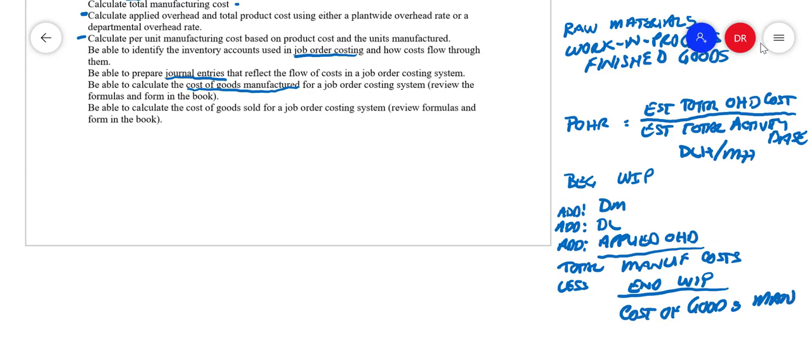Be able to know what goes into that. Other things that are going to be important. Remember when we started, I said, okay, remember this formula, y equals a plus bx. That is the way we calculate total overhead cost, where a is the fixed overhead, b is the overhead rate, and x is the level of activity. So there are several things like this you want on your note card.